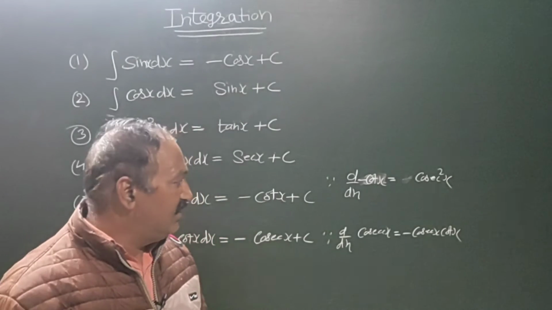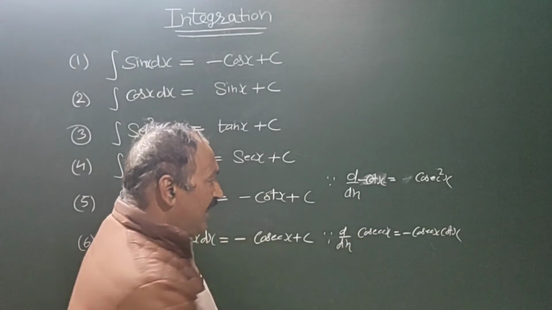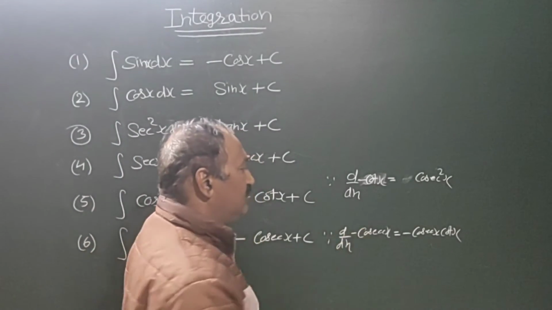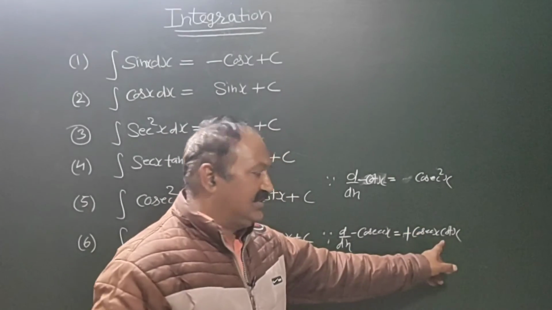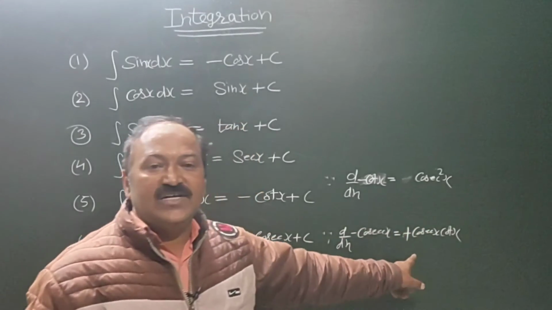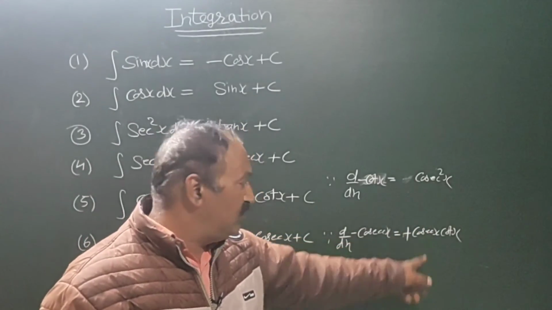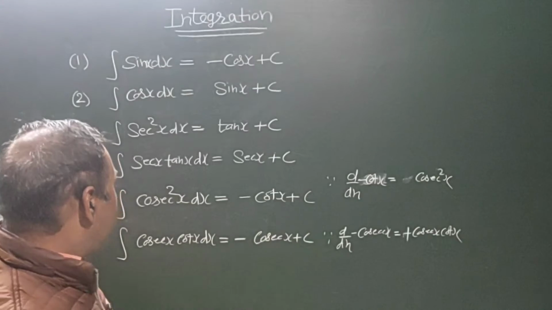In other words, derivative of minus cosecant x will be equal to plus cosecant x into cot x. Therefore, integration of cosecant x into cot x will be equal to minus cosecant x plus c.